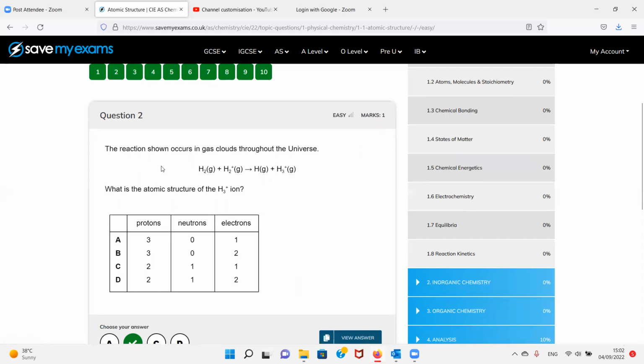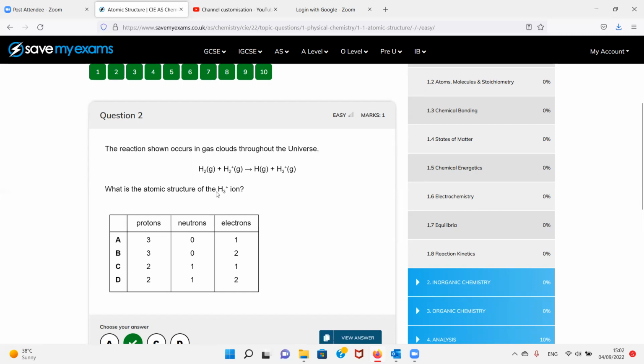The second question here is, the reaction shown occurs in gas clouds throughout the universe. And this reaction is basically hydrogen gas with a hydrogen gas ion. This gives hydrogen as a single atom with an H3+ ion. So the question here is, what is the atomic structure of this ion, H3+?